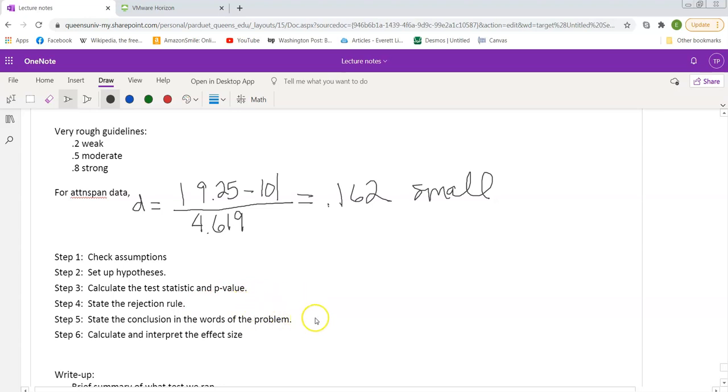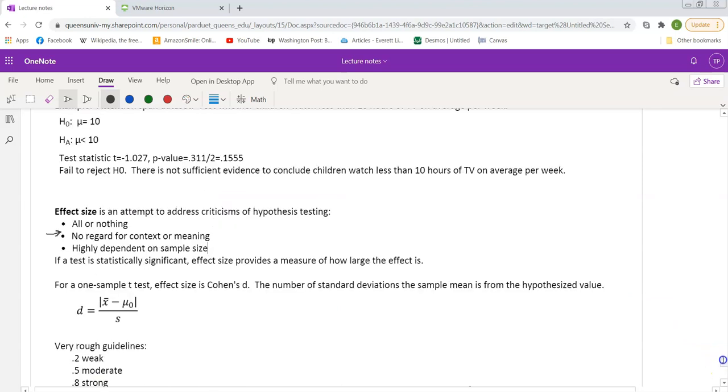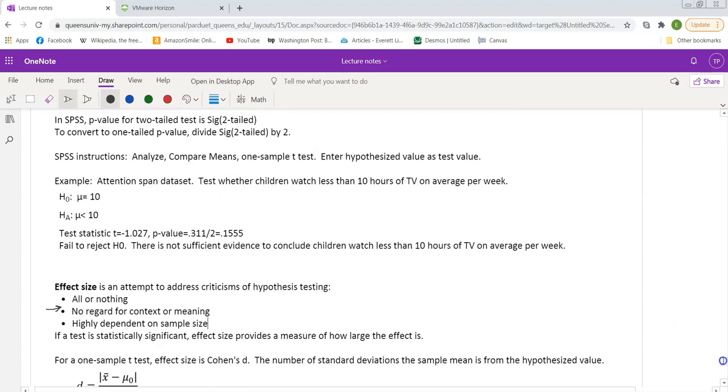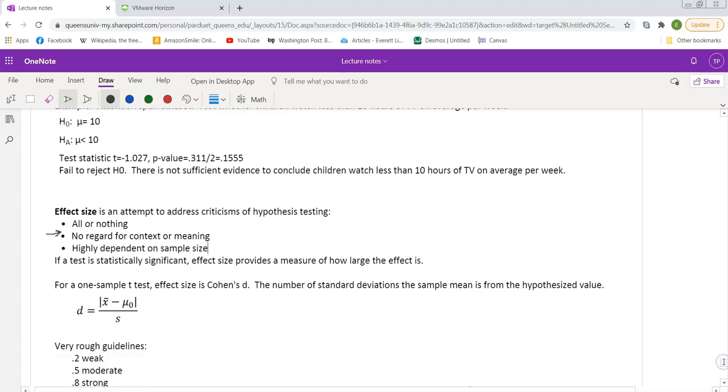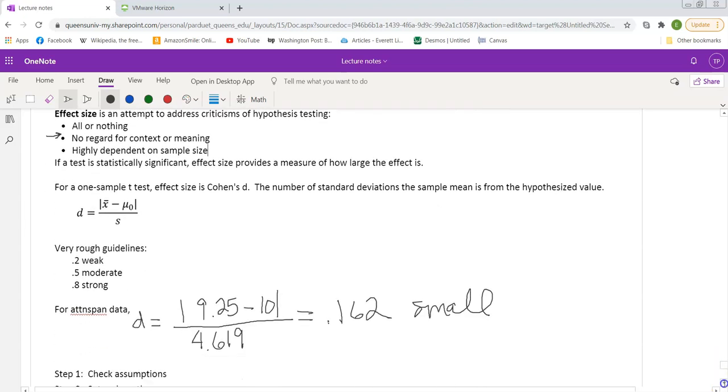We've stated the conclusion, which is that we fail to reject H0. There is not sufficient evidence to conclude children watch less than 10 hours of TV on average per week.